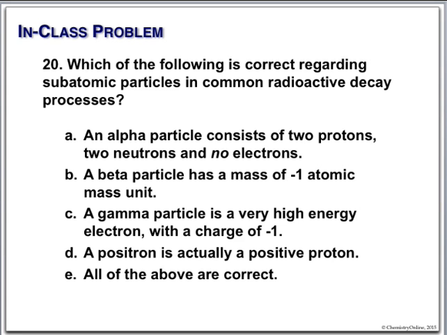It's a photon. It's a ray of light. And anyway, its charge is certainly not -1. And last, a positron is a positive proton. Well, a proton's positive, isn't it? If you had a positive proton, you would just call it a proton. A positron is a positive electron. All right, so the only one of these that's correct is this guy.